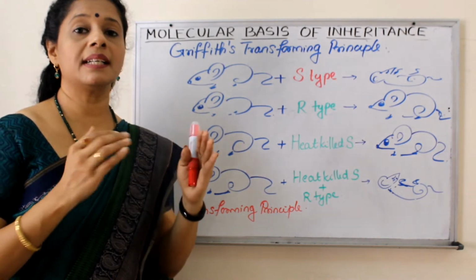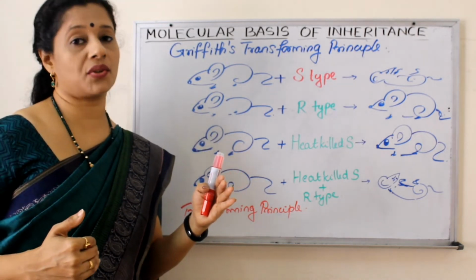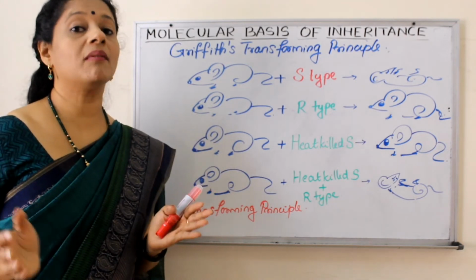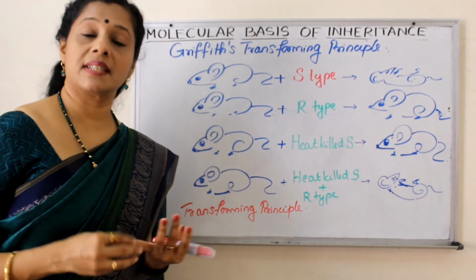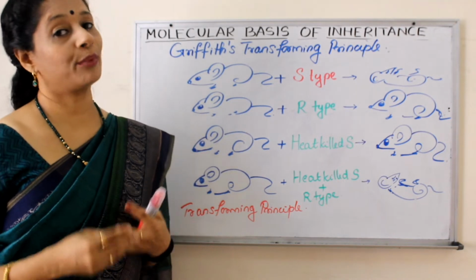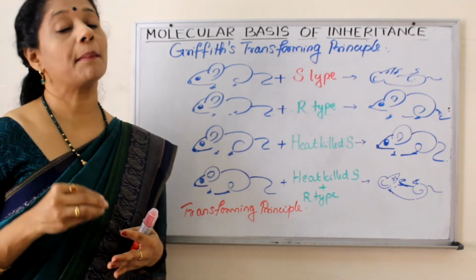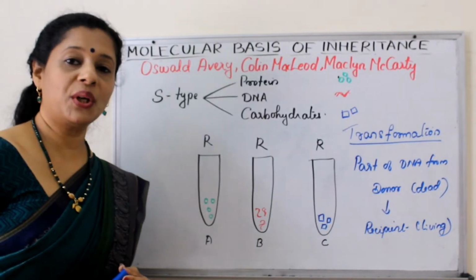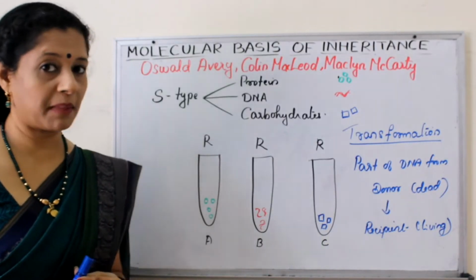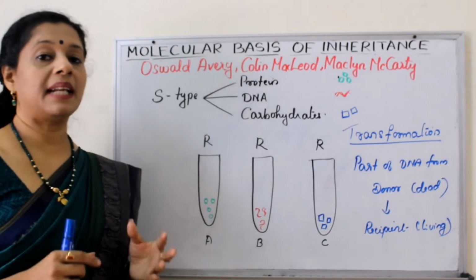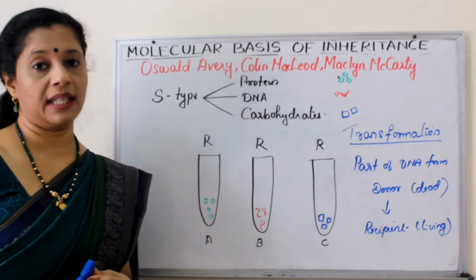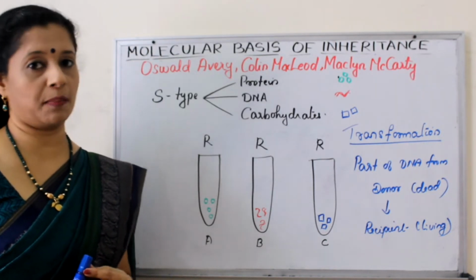So he found it is the genetic material that was transformed, but he couldn't find what was the genetic material, whether it was DNA, RNA or protein. So this is called Griffith's transforming principle. So Griffith could not explain what was the transforming principle. Then later, from 1933 to 1944, three scientists conducted various experiments.